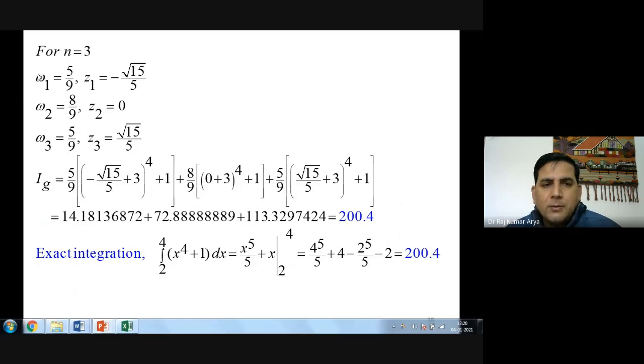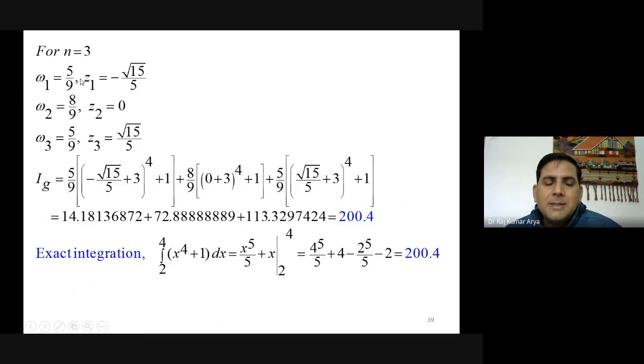So these values are given to you. The tables are very well known. For 3 points, these are the points where you need to calculate the function between minus 1 and 1, and these are their corresponding weights. Multiply by them, add them up, you will get the integration here. So this is your numerical integration.